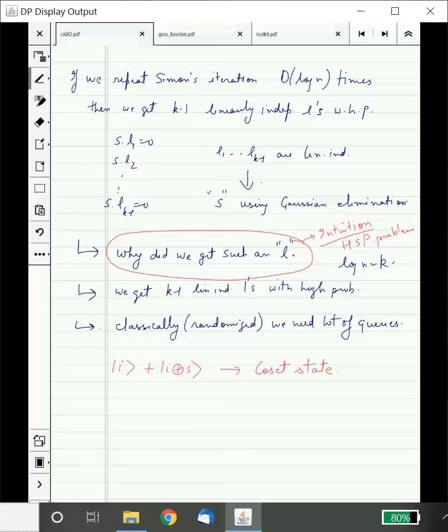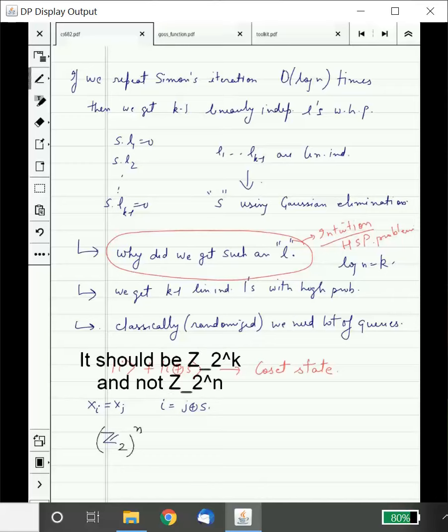In Simon's problem, your xi was equal to xj if i was equal to j plus s. Look at the group Z2 to the power n. This is the group in which everything is happening. All these indices i, j, and s are in this group G. And look at the subgroup H, which is generated by 0 and s.